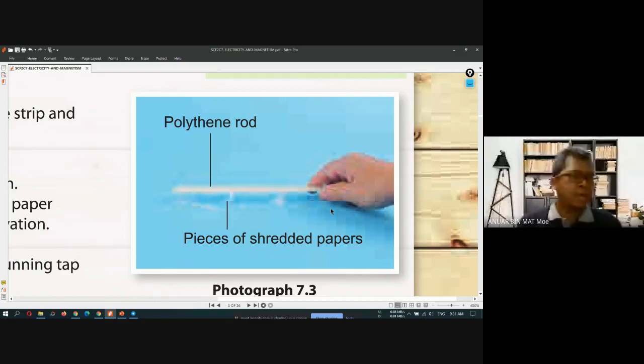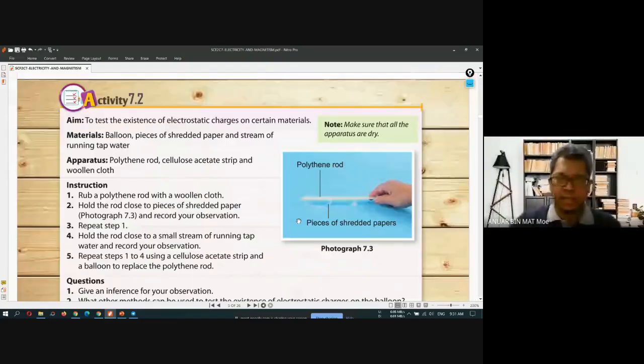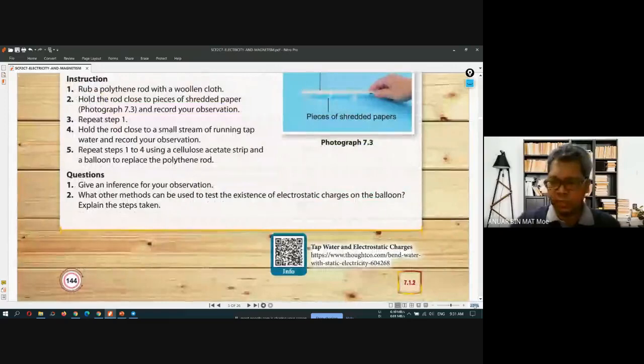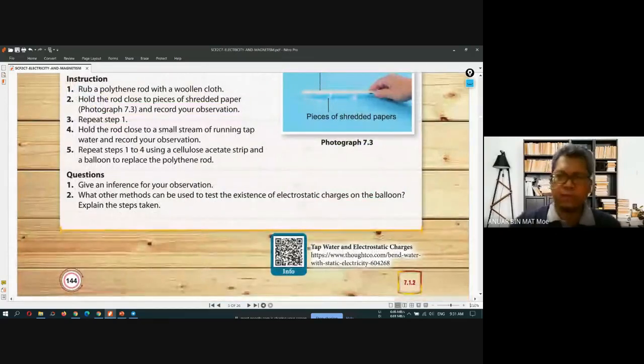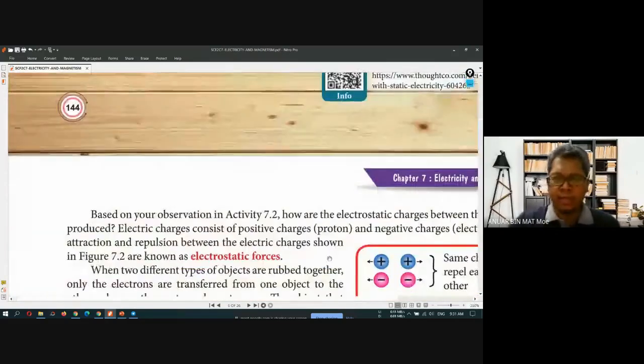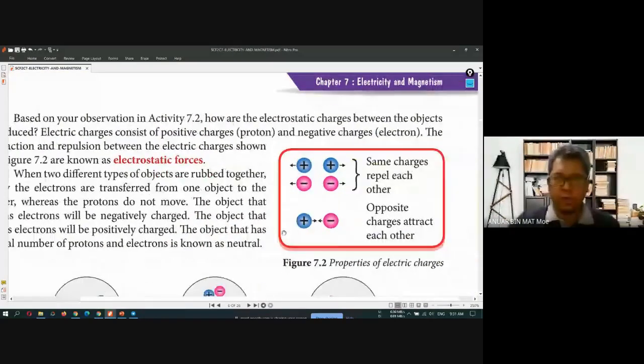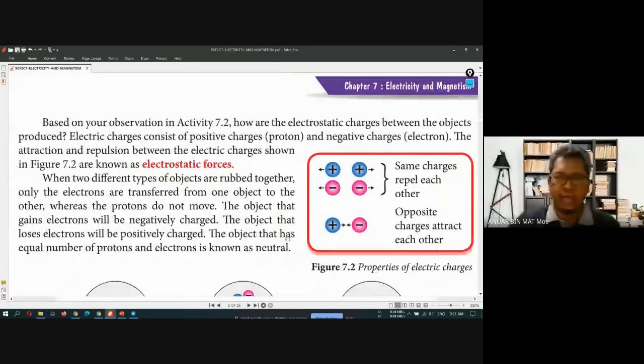Electrostatic charges come in two types. The word charges here means that it has two types of charge: number one is positive, and number two is negative charge.